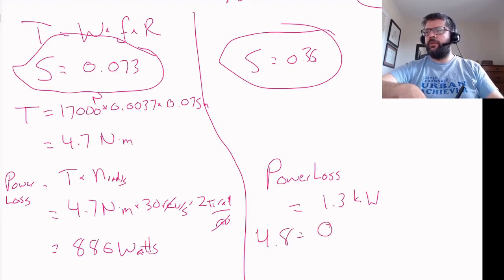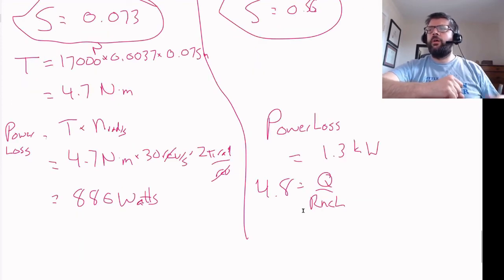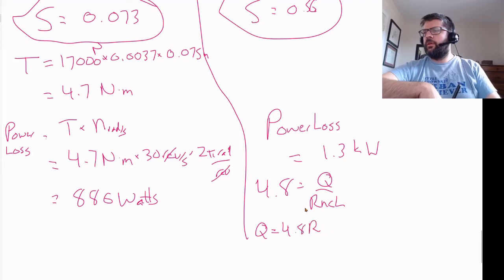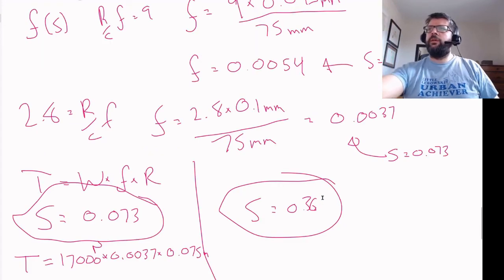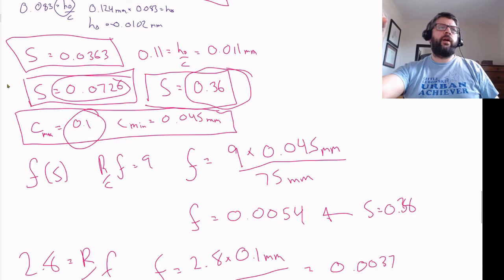And again, that is equal to Q over R N C L. So solving for Q, 4.8 times R N C L, which is 4.8 times 75 millimeters times 30 per second times C. The C that corresponds to that one is 0.045.